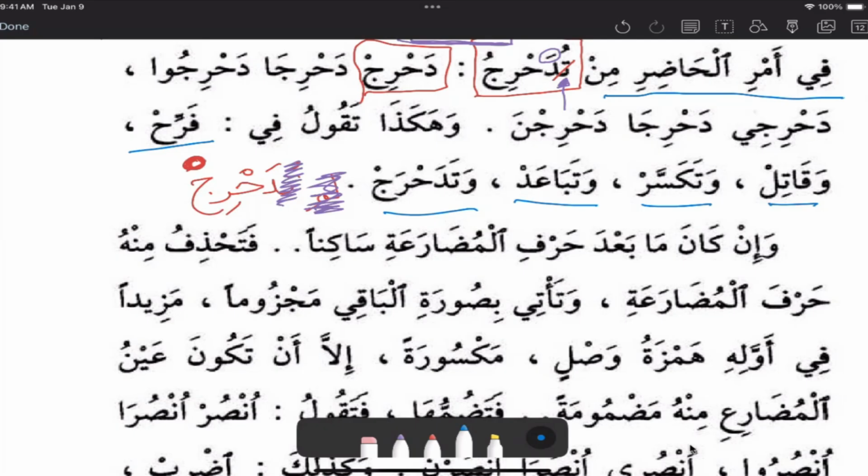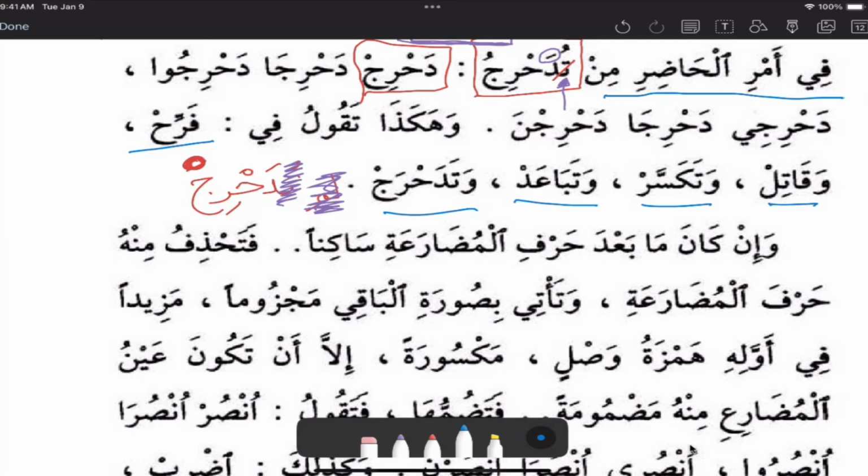There's kasra here because the mudari, the middle letter, the ayn of the verb, does not have a dhamma. So you're going to say idrib with kasra, and irlam also here with kasra, because the middle letter does not have a dhamma.